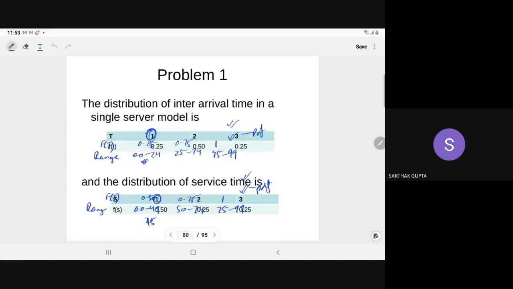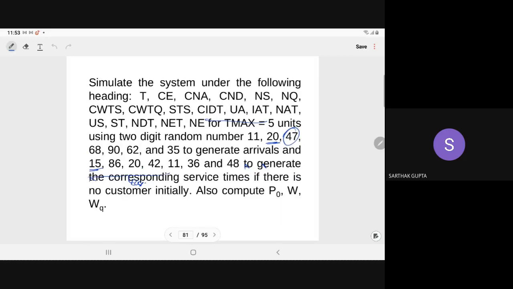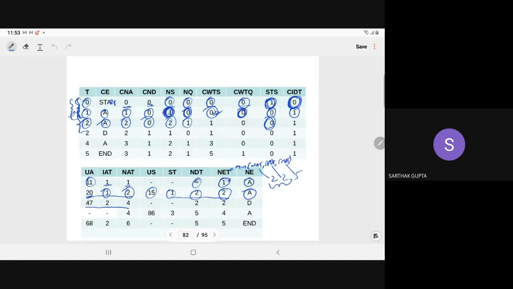Corresponding to 47, the interarrival time is 2, right? So the next arrival time will become 2 plus 2, that is 4. And there is no need for generating the departure because the next departure time is already there, so it is 2.